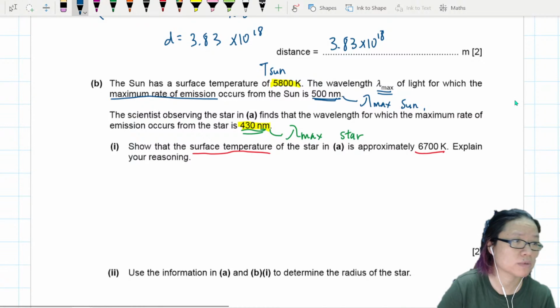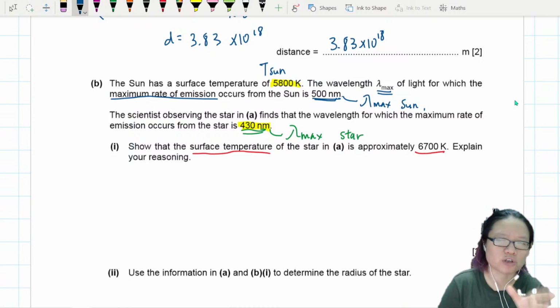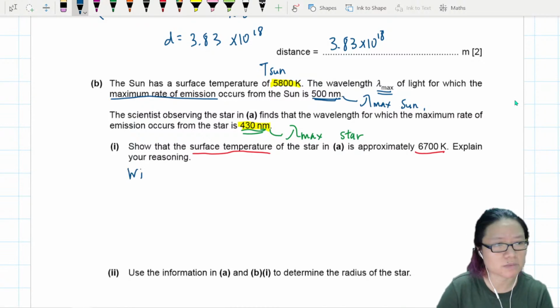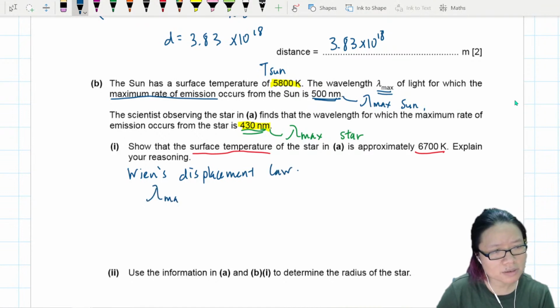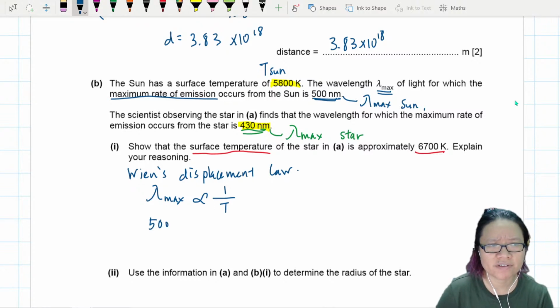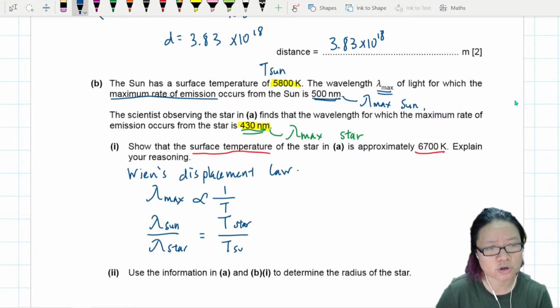Explain your reasoning. The only thing that relates temperature and wavelength is Wien's displacement law. So I name drop his name first, its name is probably a hint. Lambda max is inversely proportional to 1 over T. So I can go like lambda of sun over lambda of star will be surface temperature of star over surface temperature of sun.